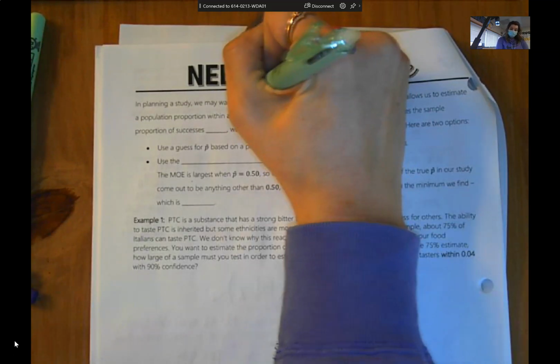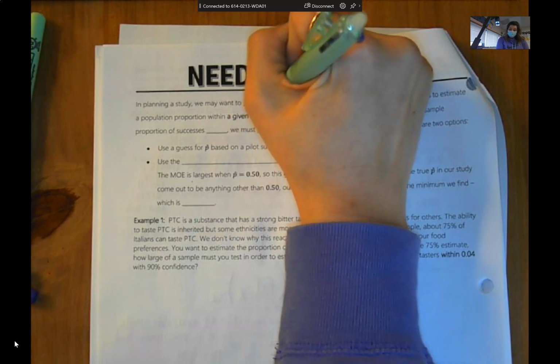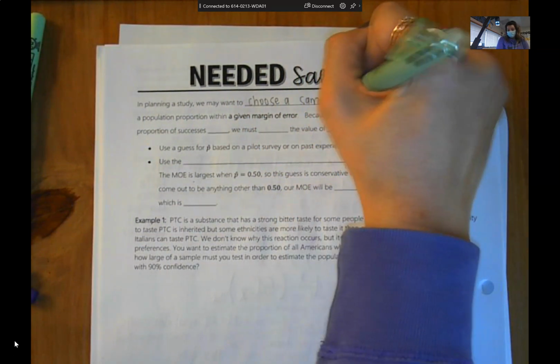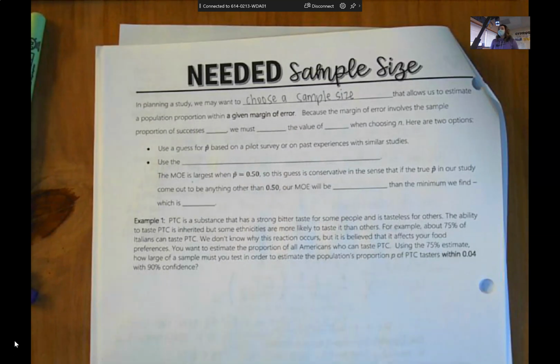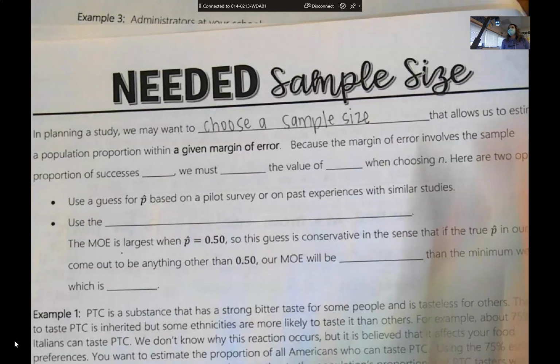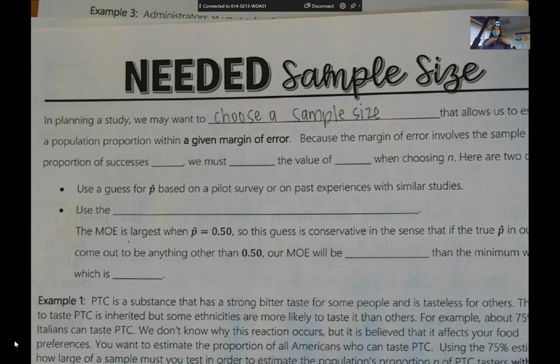So we may want to choose a sample size that allows us to have a desired margin of error, because we want our margin of error to be as small as possible. One of the ways to decrease margin of error is to increase sample size. So you may want to write that down somewhere.